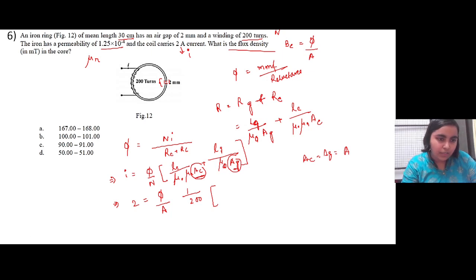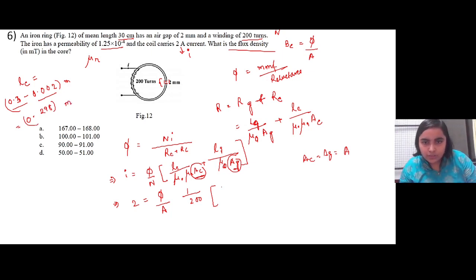Let us write all in meter. So it is 0.3 meter minus 0.002 meter. This will be the length of the core, that is the total length of the ring minus the air gap: 0.298.